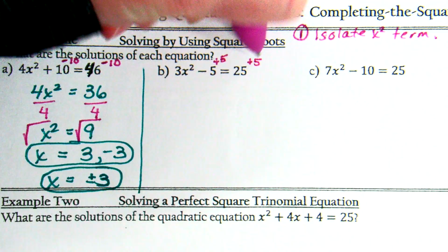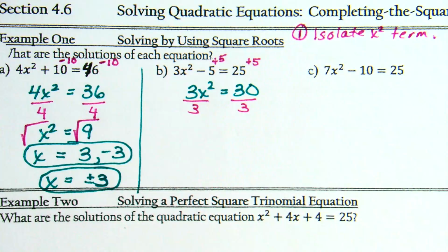Okay, we're still trying to isolate x squared. So if it's 3 times x squared, divide by 3. And so now I have x squared equals 10. Have I isolated my x squared? Yes. Okay, what's the next step?